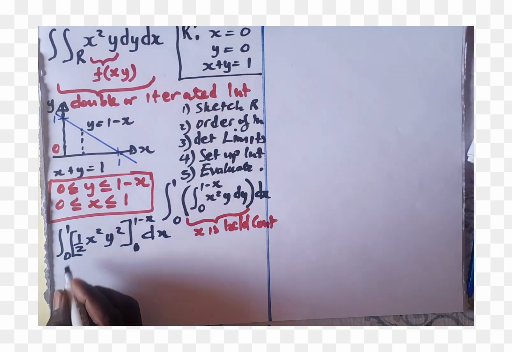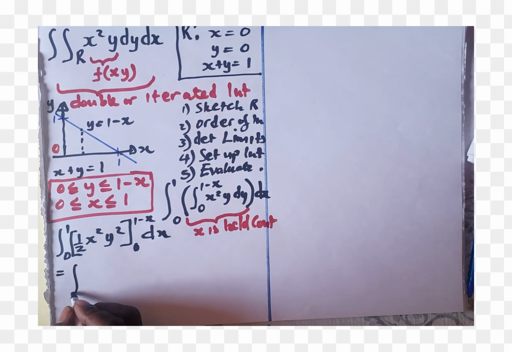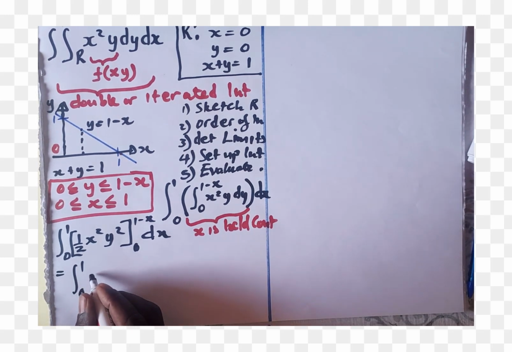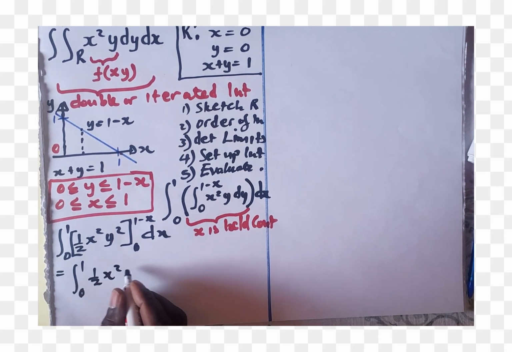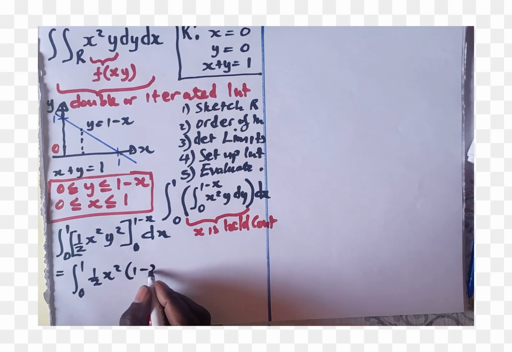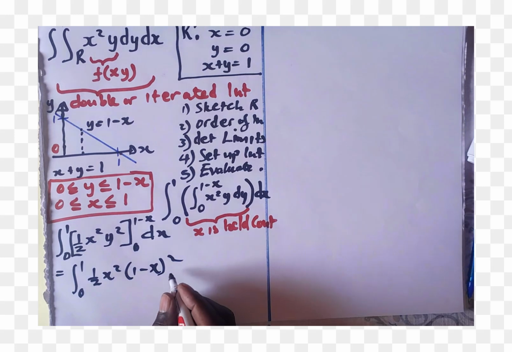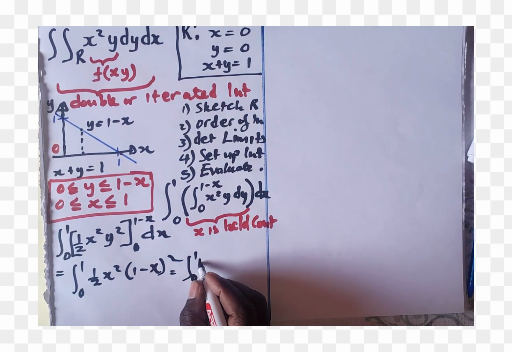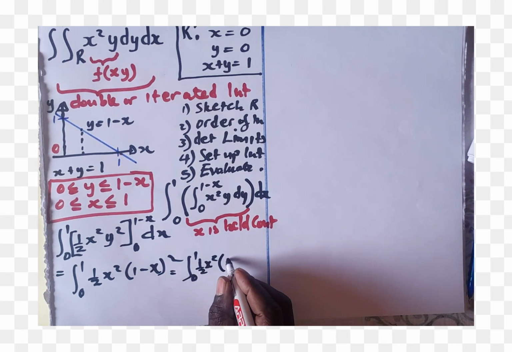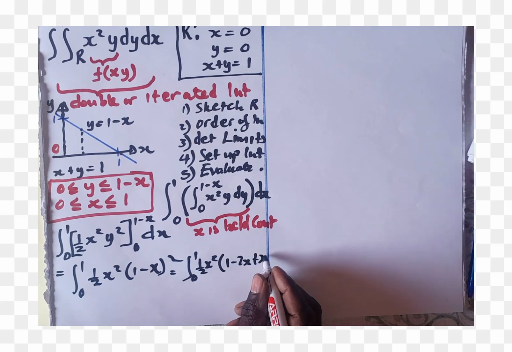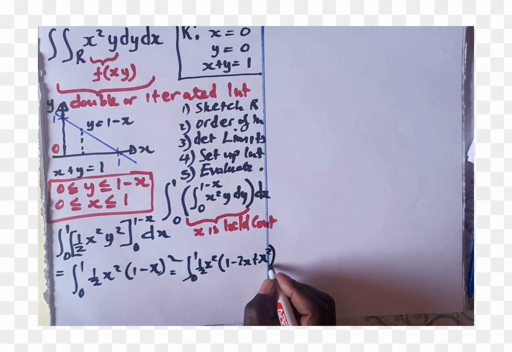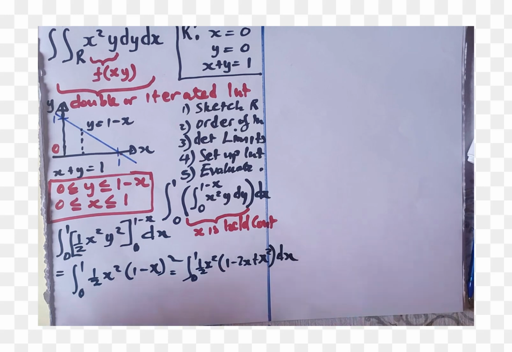So let's evaluate this. It becomes the integral from 0 up to 1 of half x squared, brackets 1 minus x squared, which of course is the limit there. And this can be written as the integral from 0 up to 1 of half x squared, brackets 1 minus 2x plus x squared, brackets, with respect to x.